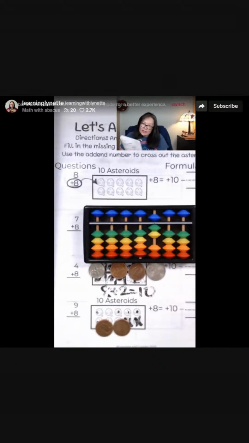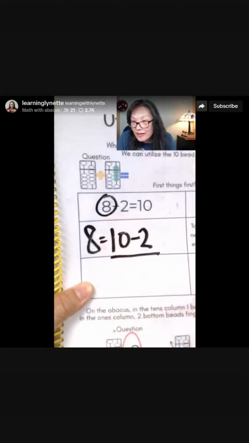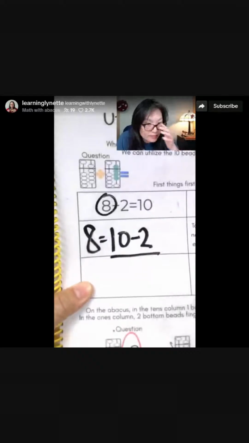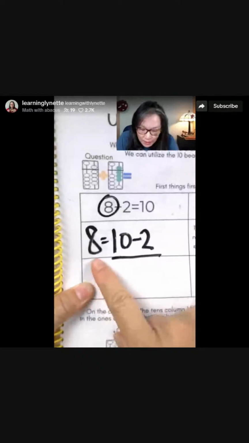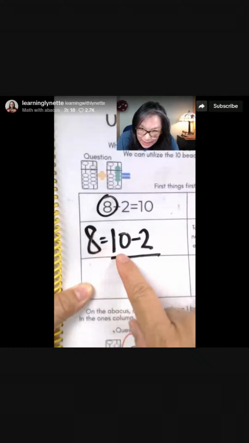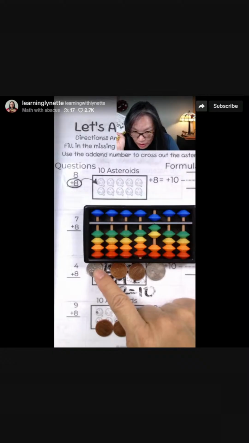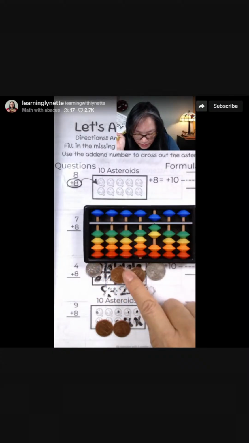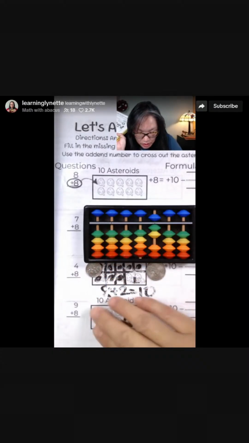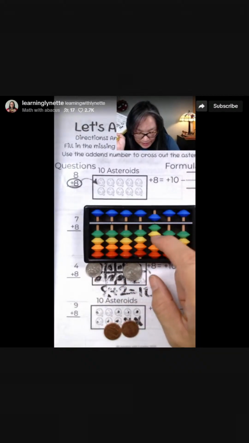I'm going to power it up. When I power it up, I isolate the variable. 8 is equal to 10 minus 2. So remember I had my 10 cents. I have my 10 cents, that's too much. So I'm going to take away 2. So my final answer is 15. I can do it again on the abacus. I add the 10. That's too much. I need to take away the 2. I can give you 10 cents.